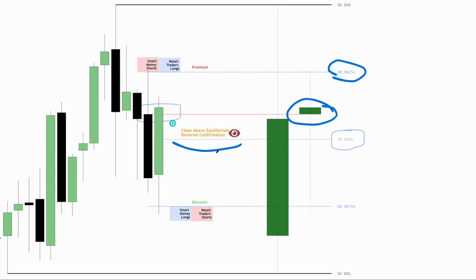So when you have this confirmation, the maximum retracement is at the midpoint between the more recent quarter level, in this case between equilibrium and 75.